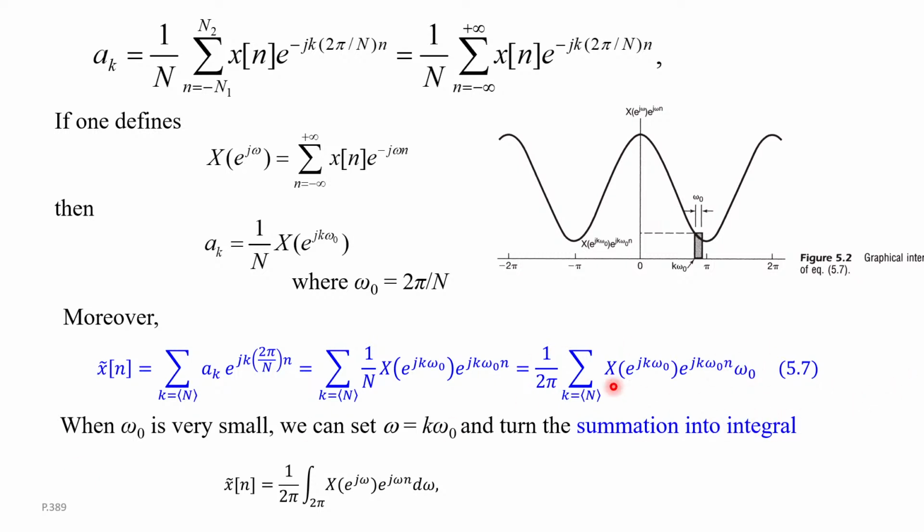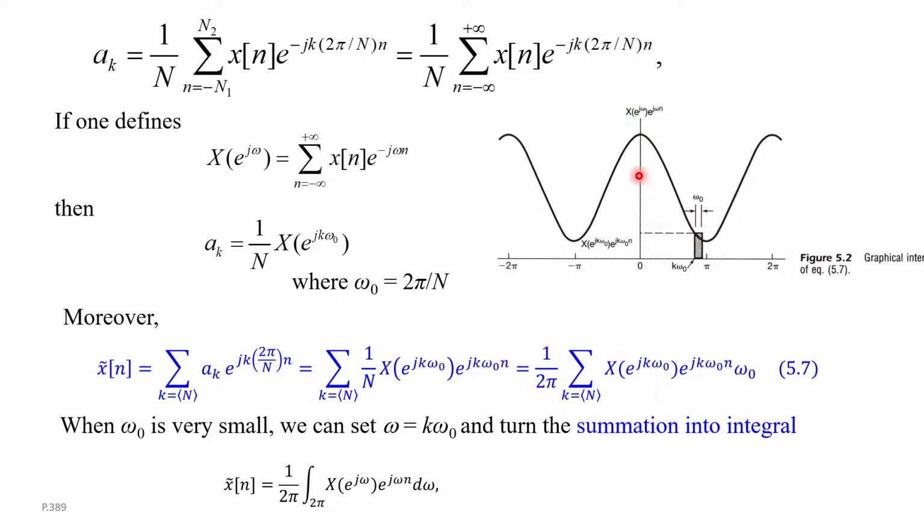It's because if you think of k omega naught as some omega, then this omega naught will be like d omega, and k omega naught is some point on this omega axis, and this big X at k omega naught is some function we want to integrate over. So this summation is really just some integration.